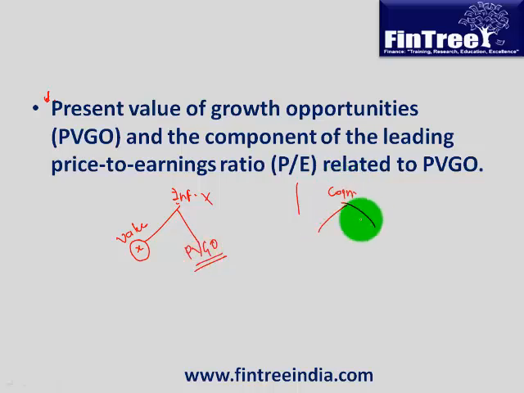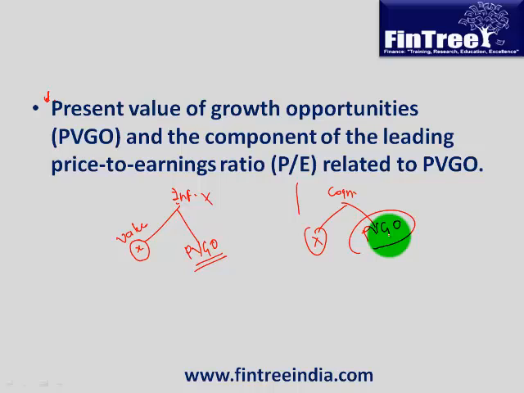In the same fashion, you can find out what is the PVGO implicit here. For any company, the market price is made of two parts. One, if the current earning remains forever, then what should be the price? Plus, because the earnings are expected to grow, I'm willing to pay something extra, which is PVGO. Right?